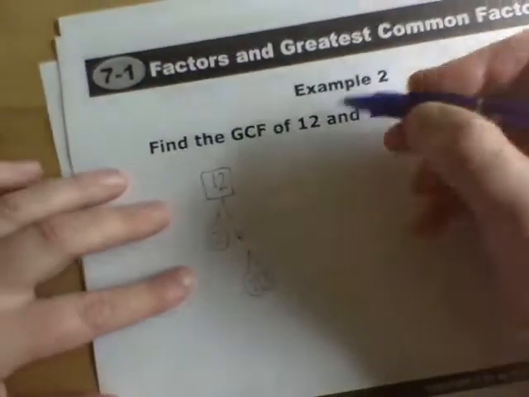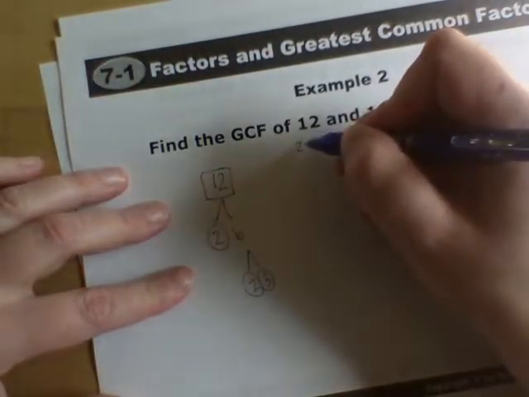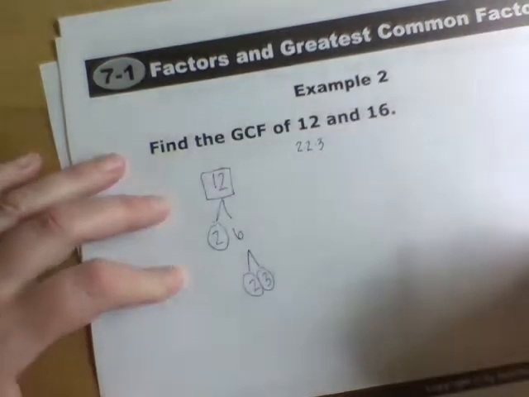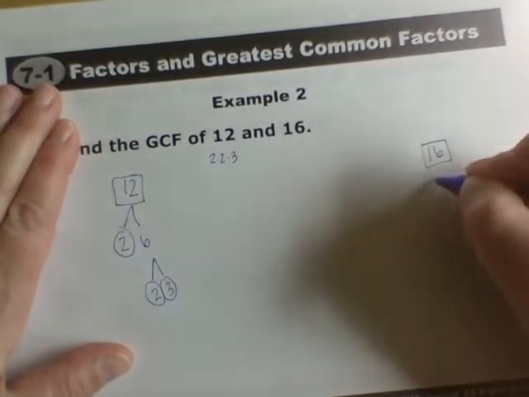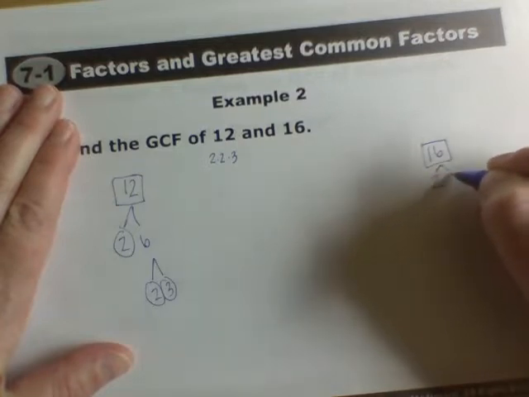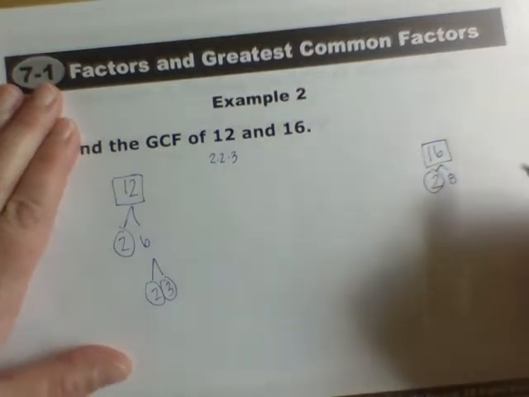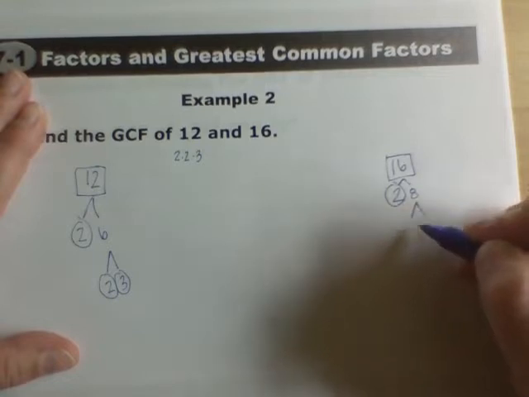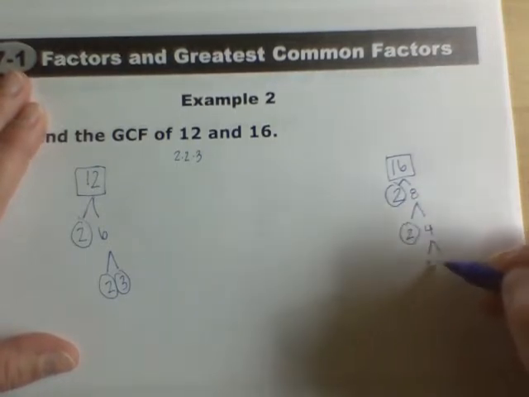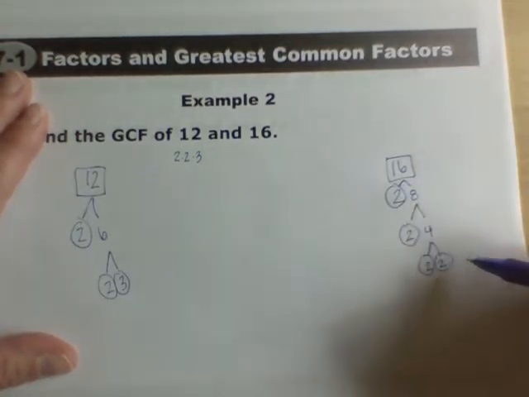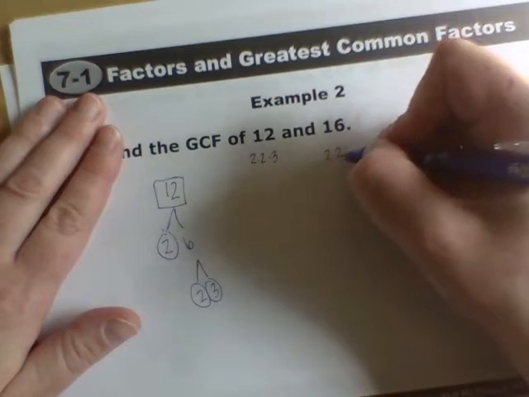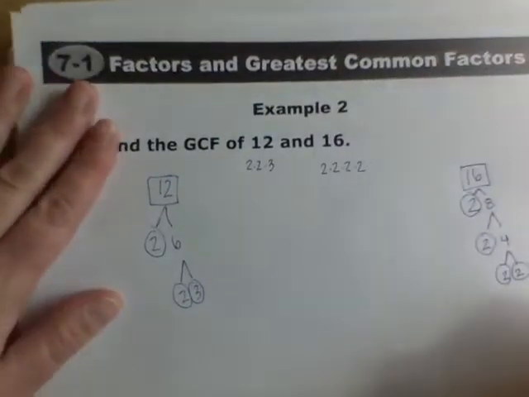So that means that 12 comes from 2 times 2 times 3. 16 comes from 2 times 8, but 8 is not prime, so we keep going. 2 times 4. 4 is not prime, so we keep going. And so it turns out that 2 to the 4th, there are 4 of them, is 16, or 2 times 2 times 2 times 2.